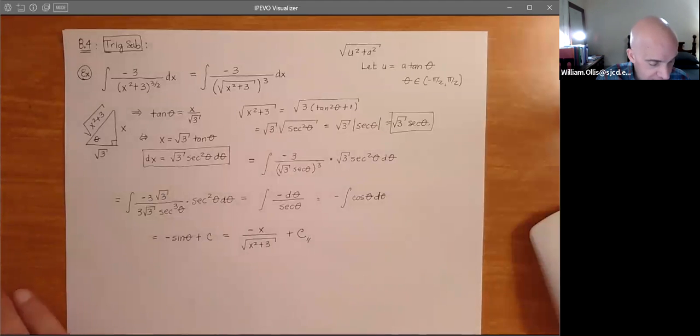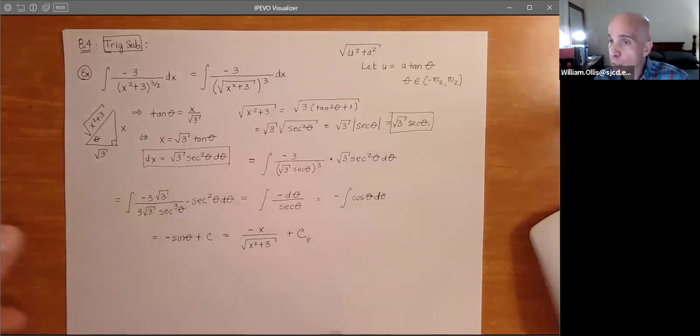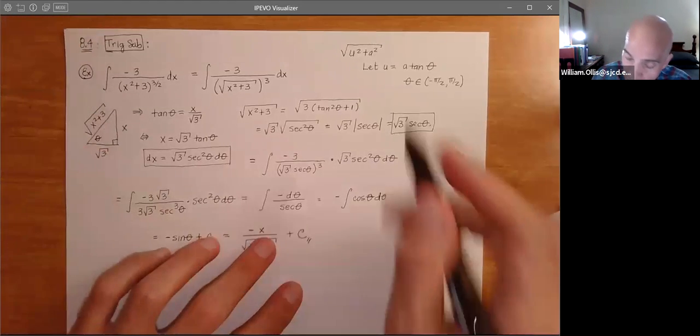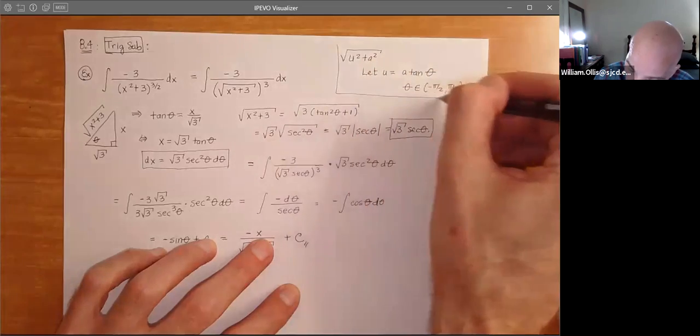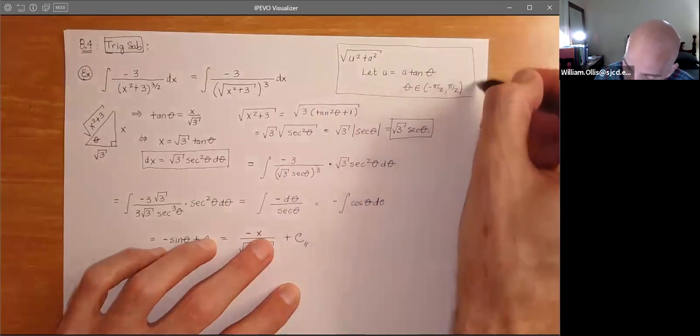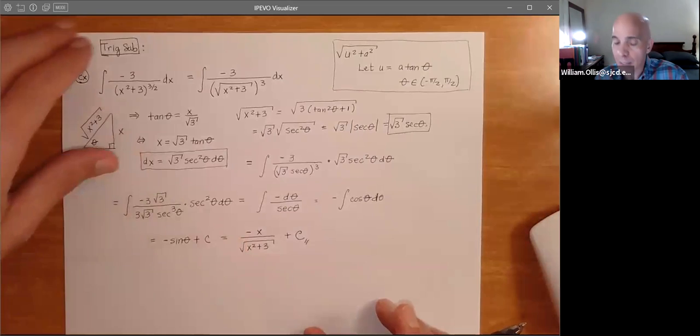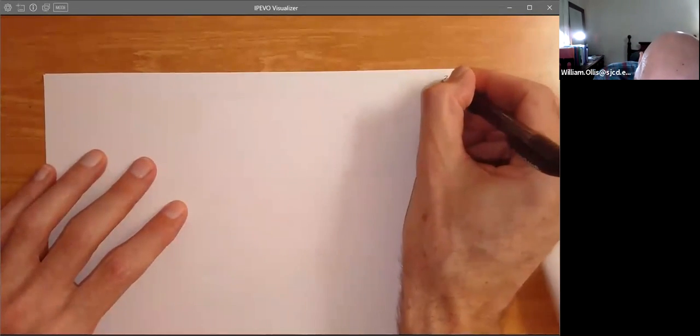Now let's look at another example, maybe one that has a definite integral, so we can try another one of the substitutions. So here's one of our substitutions that we need to know. Let's look at another one, and we'll use an example to motivate it. So here's another example.